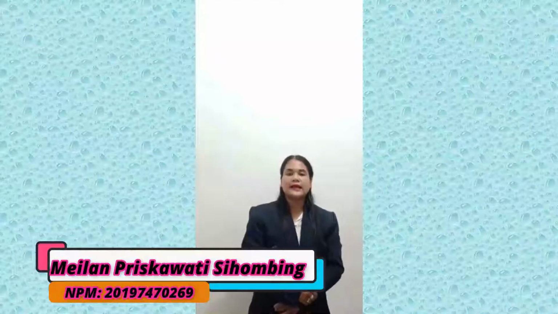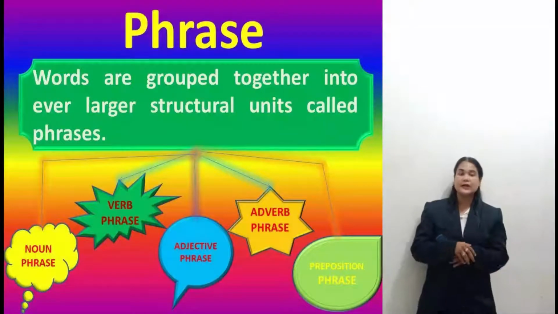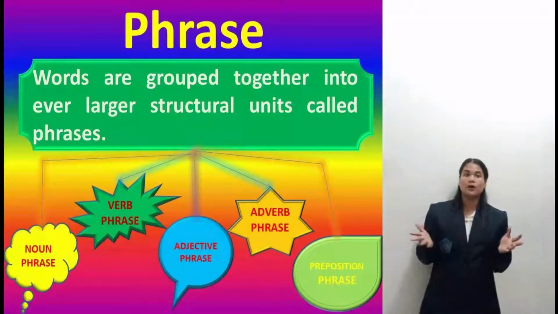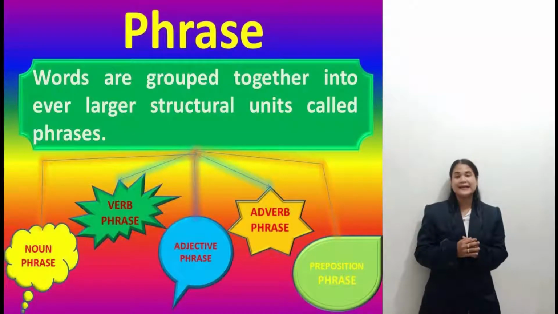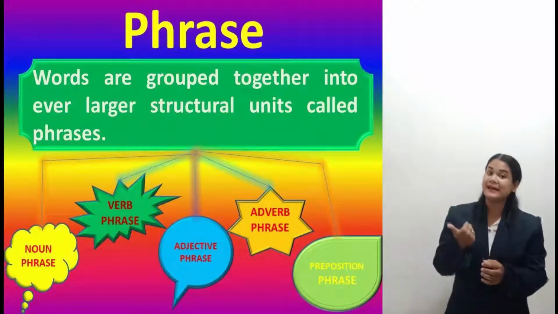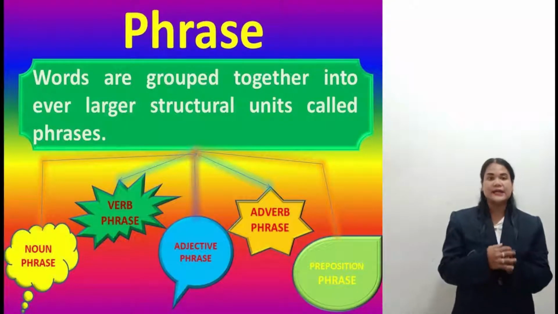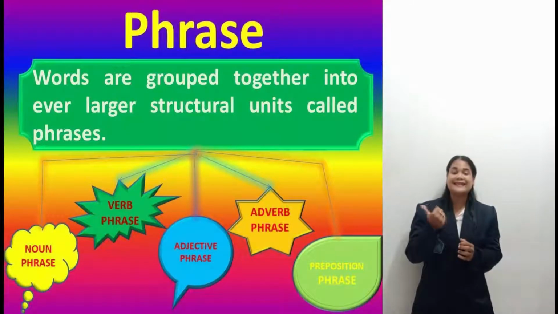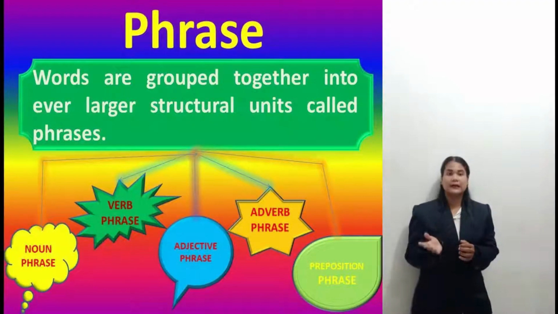Next, I will explain about noun phrase. A noun phrase is a group of two or more words that is headed by a noun, a person, place, or thing, that includes modifiers, like the, of the, with her.